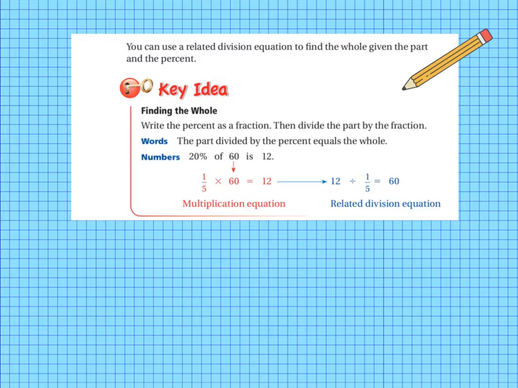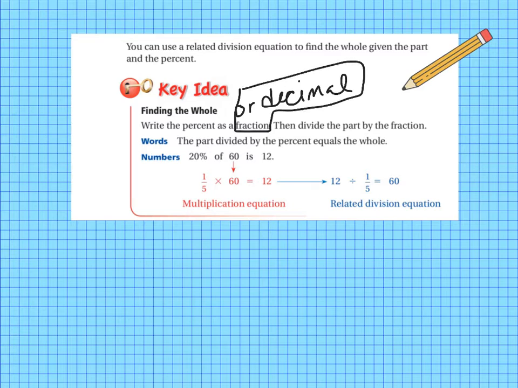And so remember that you can also use a decimal, as long as you use the correct decimal. And then divide. So you're dividing instead of multiplying. So the part divided by the percent equals the whole. So you really have to pay attention to the words in the problems that you are given.